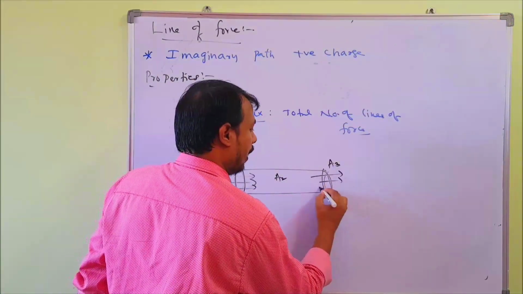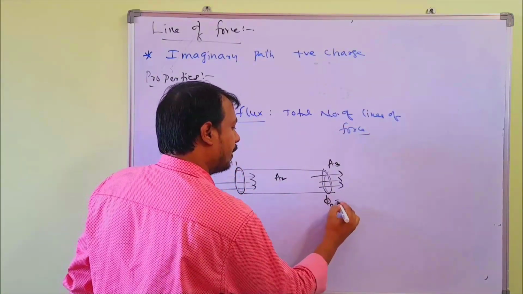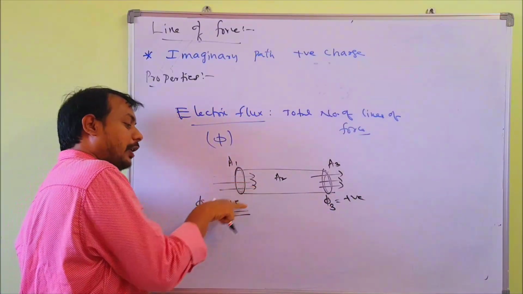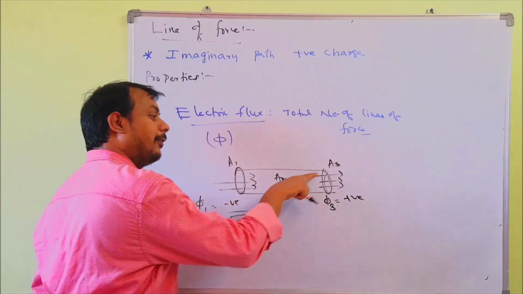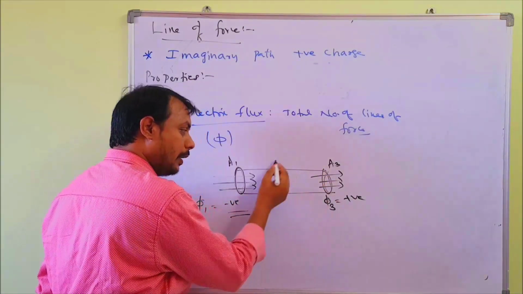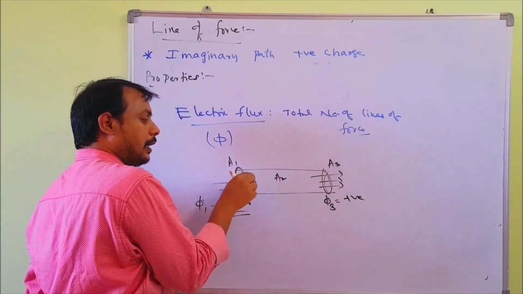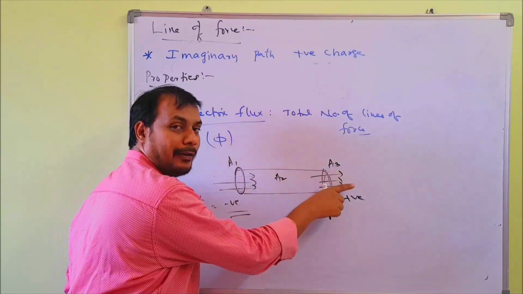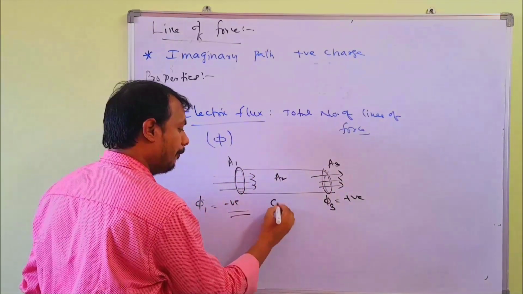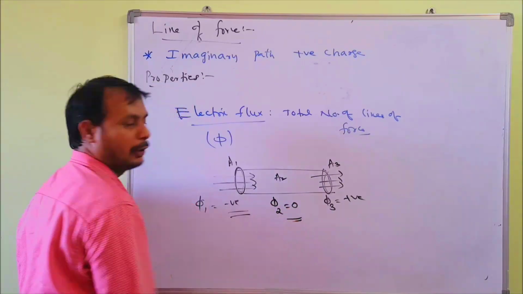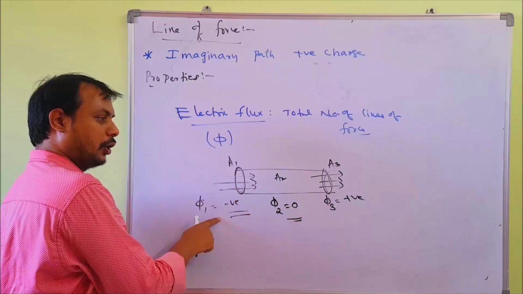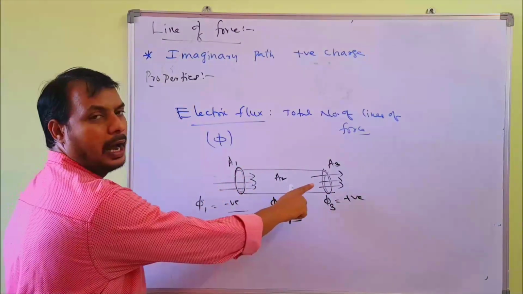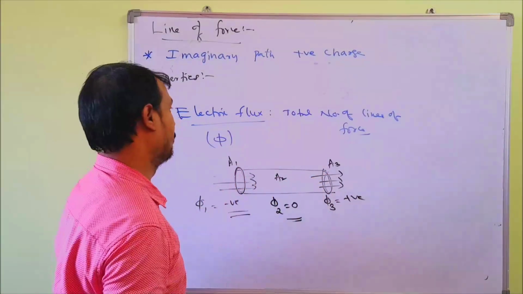If lines of force are leaving from the surface, then the flux is taken as positive. Entering into surface, negative; leaving from surface, positive. Then at the curved surface, the number of lines of force entering is the same as the number leaving from the surface. Therefore, the flux becomes 0.